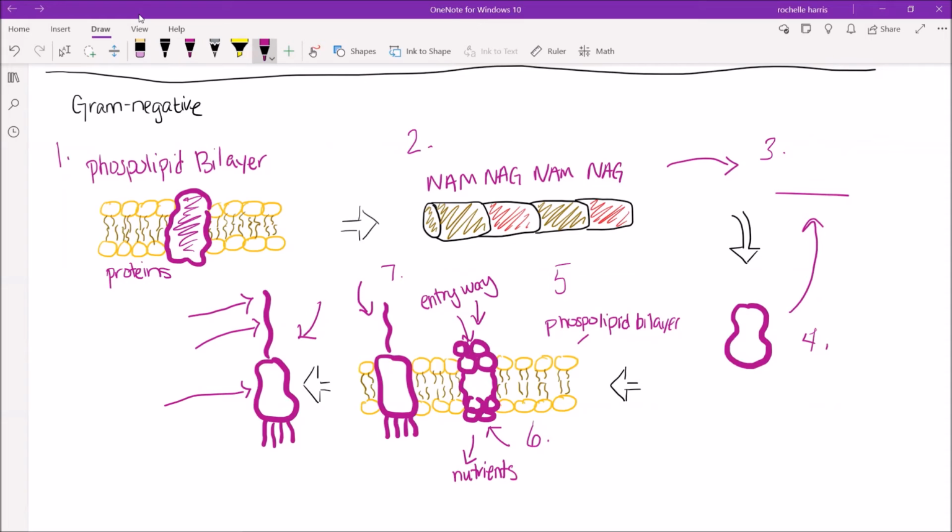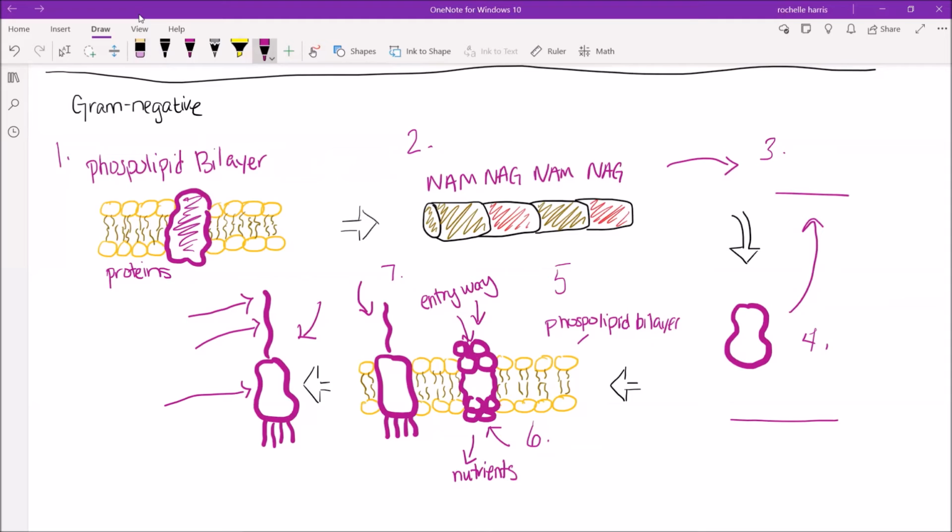And then we have our protein. I'll tell you the specific name of this protein. And this NAM-NAG structure and this particular protein is embedded in a space in the gram-negative. Tell me what that space is for 3. 4, you tell me what the specific protein is.